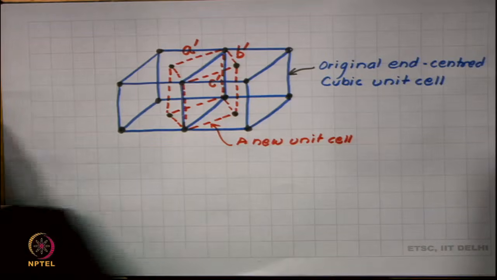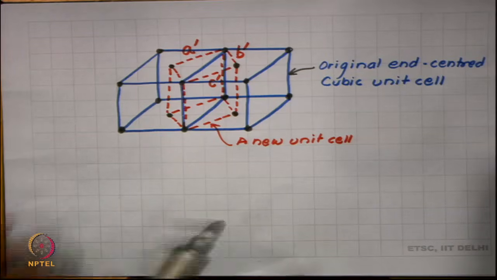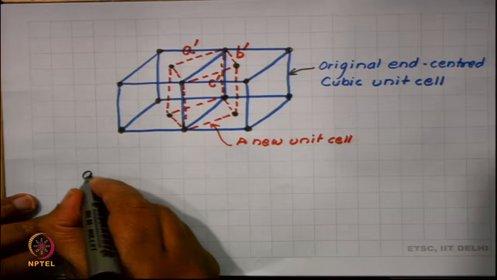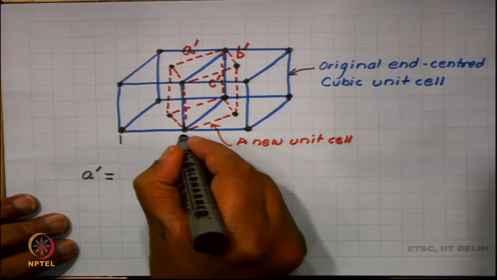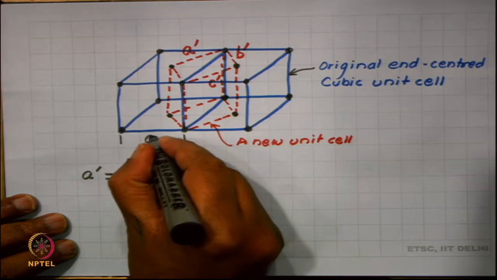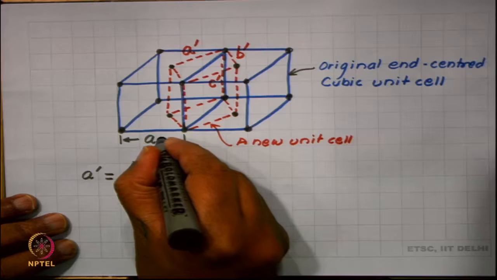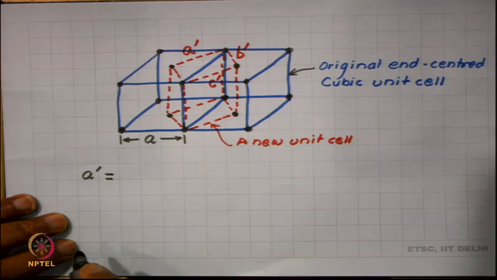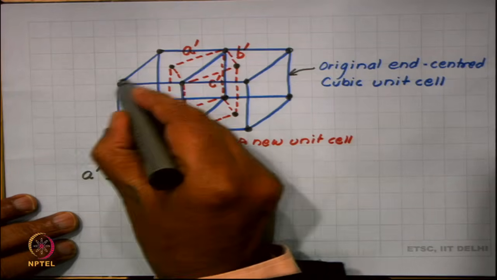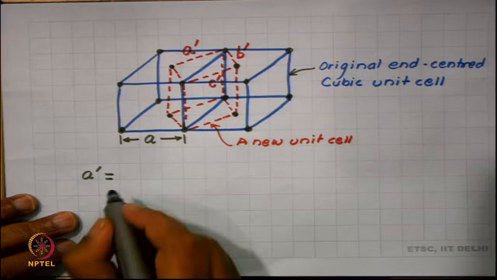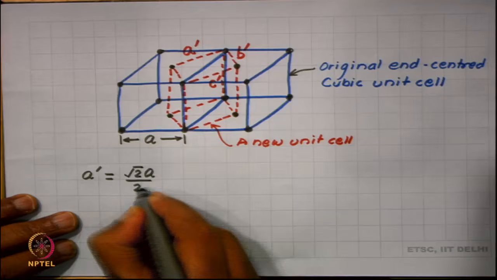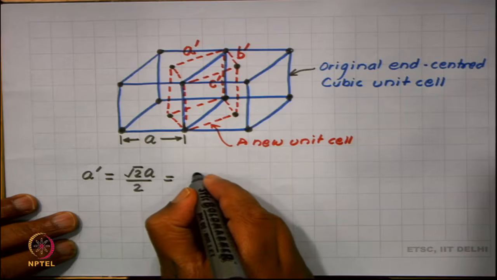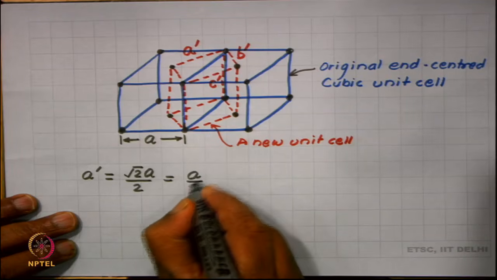So, we can quickly see that, if I call the original cube edge A, then A prime is half the face diagonal. The face diagonal is root 2 A, so half of it gives A prime equal to A by root 2.